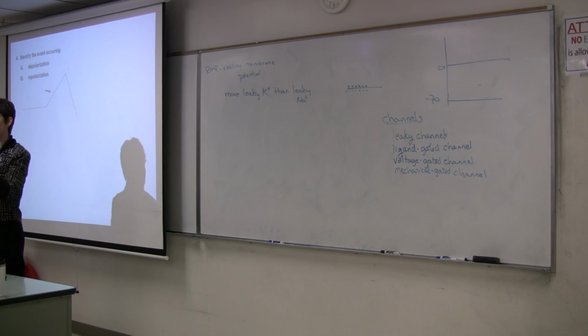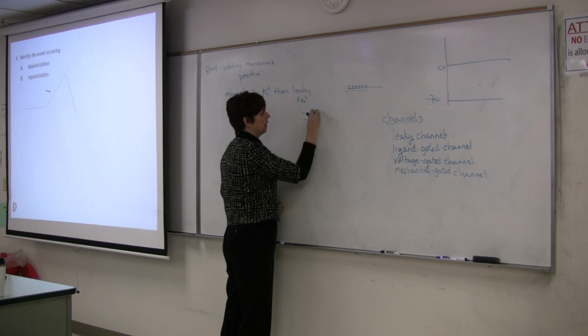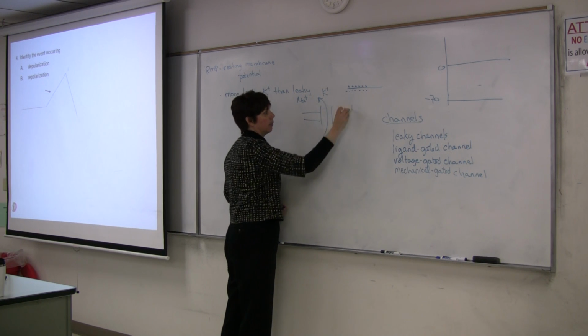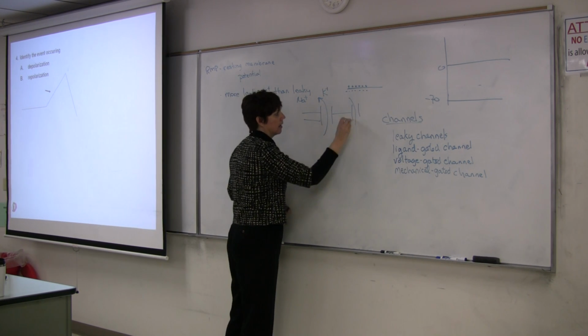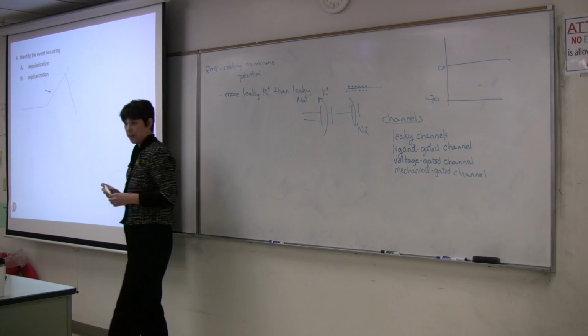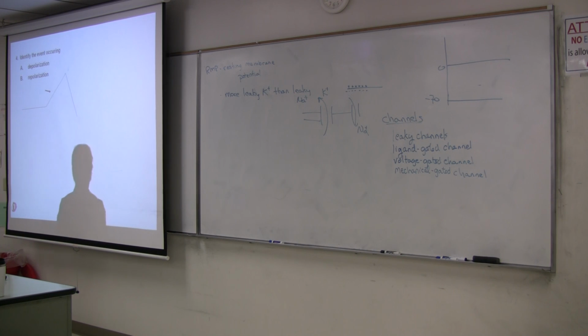So we're losing more positive ions from the cell via potassium than we are gaining via sodium, because the cell is more permeable to potassium, meaning we have more of those channels. So we have a higher positive ion loss that creates a negative state inside the cell.